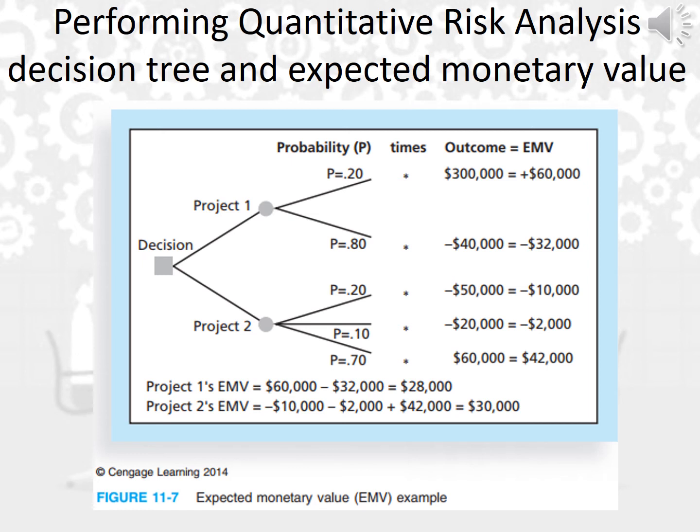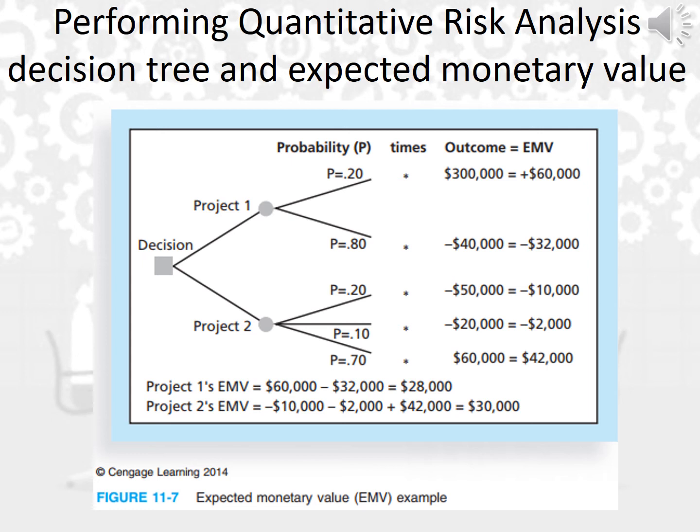The other probability, which will make the company lose, 80%, will be multiplied by negative 40,000, so it will cost the company. If you multiply them, you will get negative 32,000.